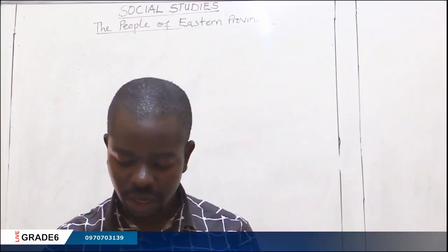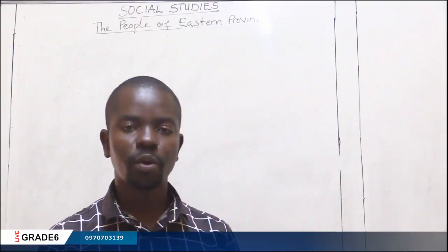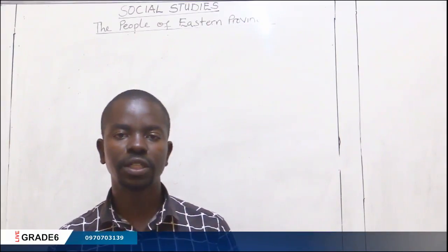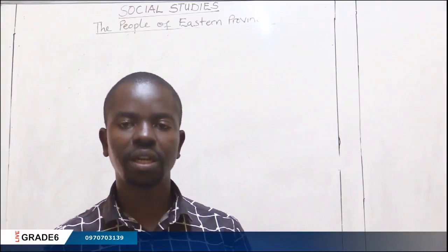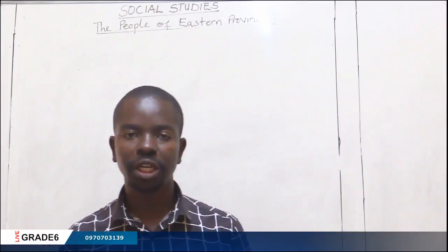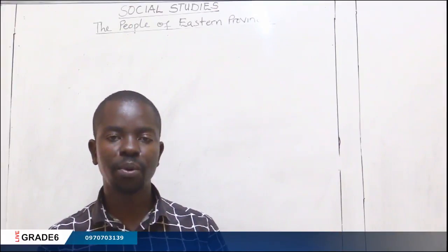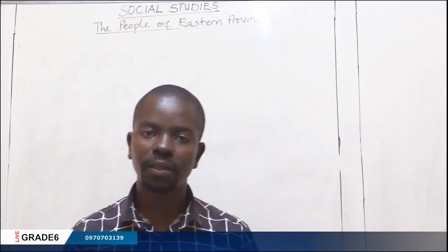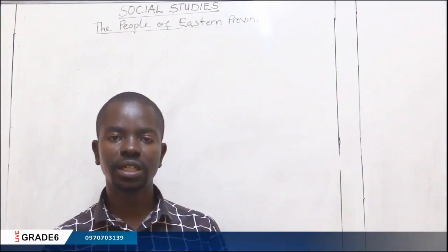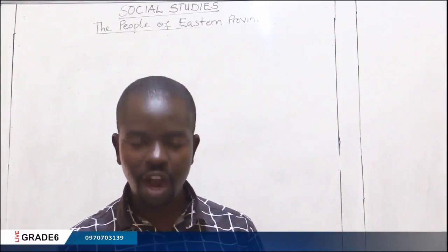Okay, so boys and girls, for those who were part of the class yesterday, we looked at the people of Central Province. I said the main language in Central Province is Lenje, and the Lenje people have got a chief called Chief Mukuni Ngombe.